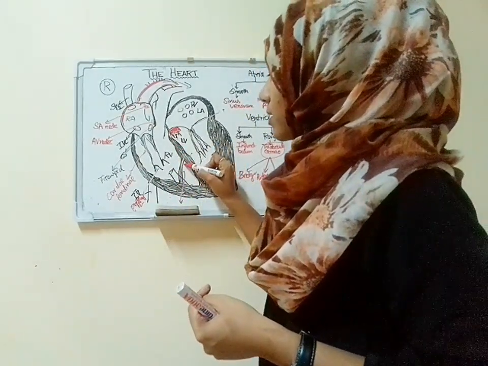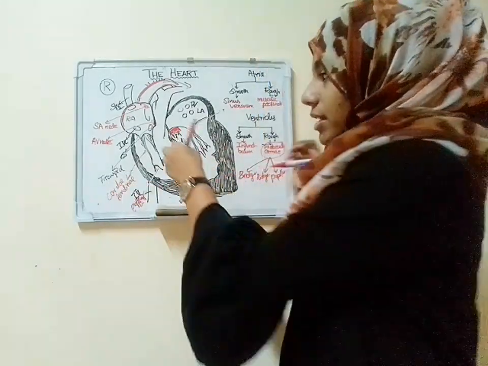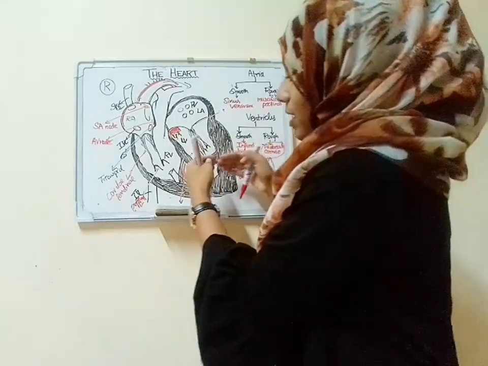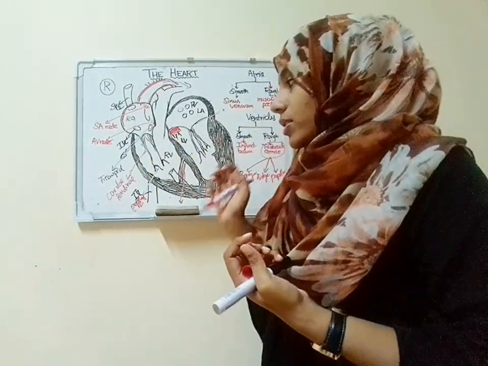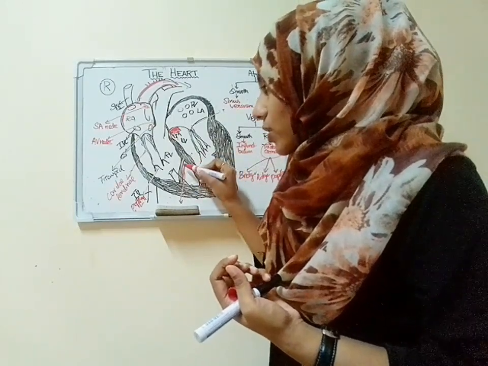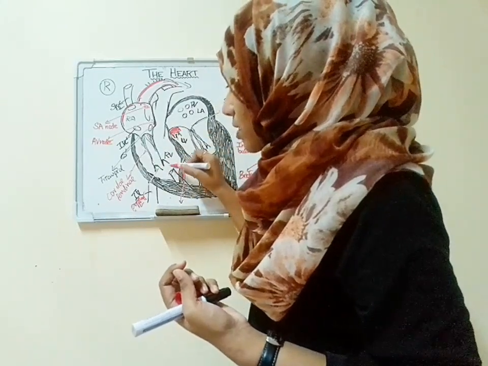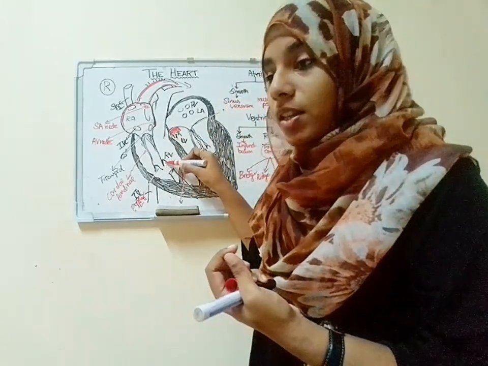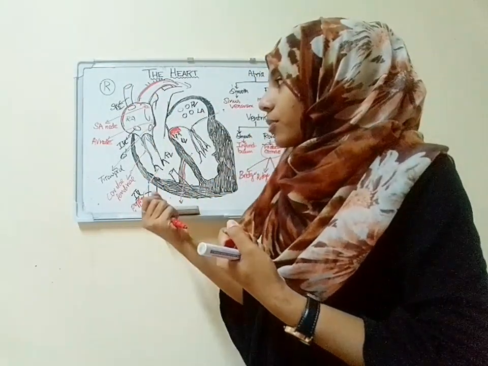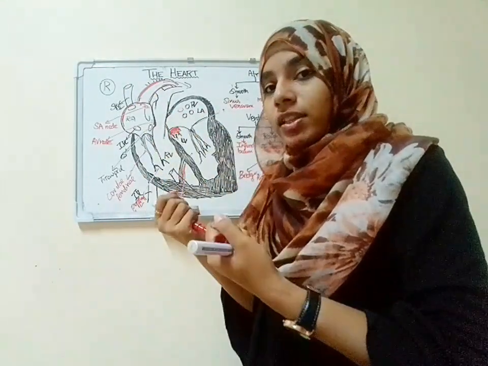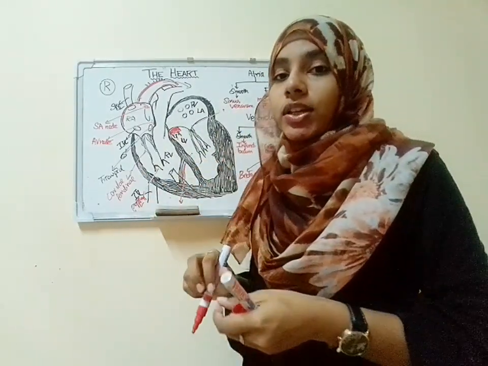When this band-like structure forms a shortcut, the electrical impulses from the conduction system reach the papillary muscles first, so that the papillary muscles contract and pull the cusps, closing them, and then the entire heart undergoes contraction.